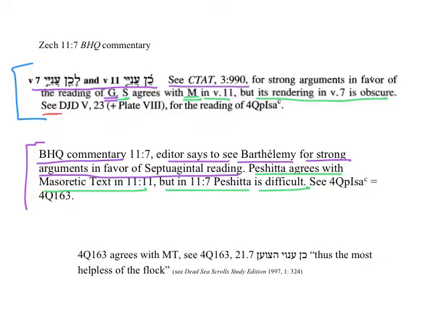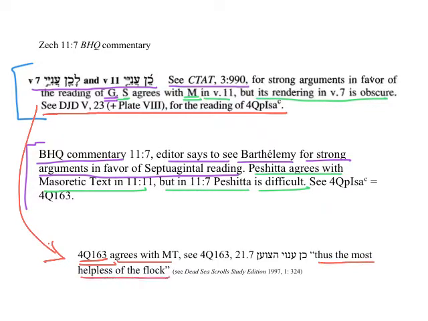Finally, the editor lists some alternate evidence from the Dead Sea Scrolls, from the sectarian text, and he says to take a look at this alternate reading. So if we look up 4Q 163, it agrees with the MT, namely, thus the most helpless of the flock.